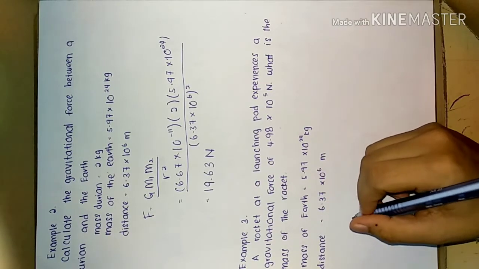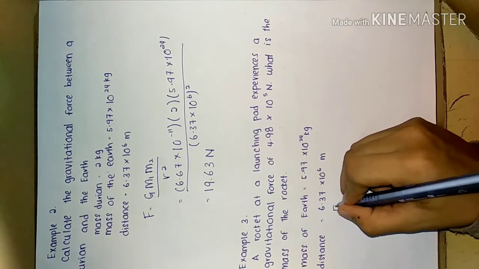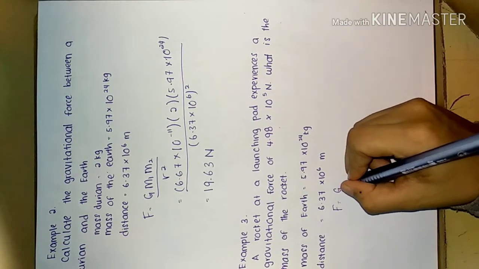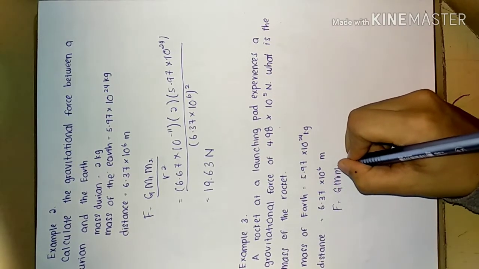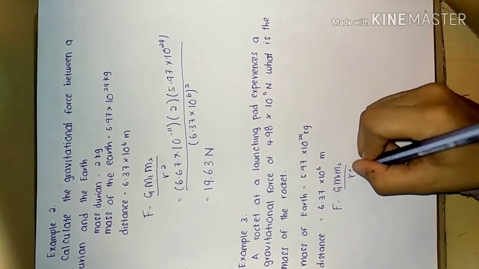First, we have to write the formula. Gravitational force F equal to G m1 m2 over r squared.